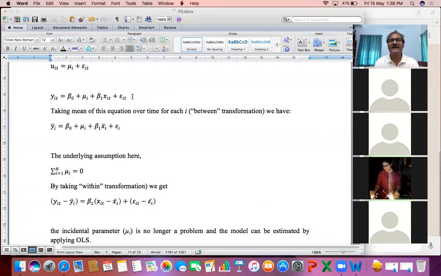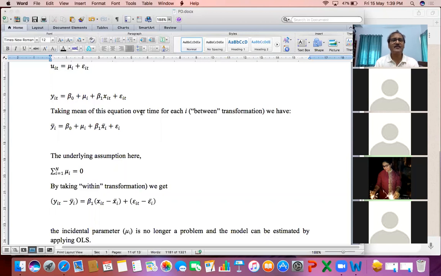So if you have panel data, you can eliminate this unobserved fixed effect mu_i from this model, and after elimination, you can estimate this model by applying OLS. So how can we follow it? The steps we have to follow in estimating the one-way fixed effect error component model are these. This is our basic model after introducing the error component.